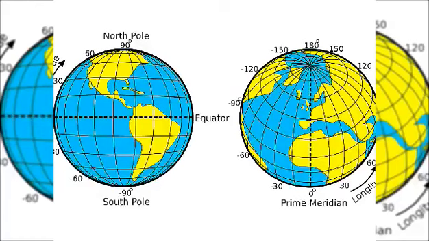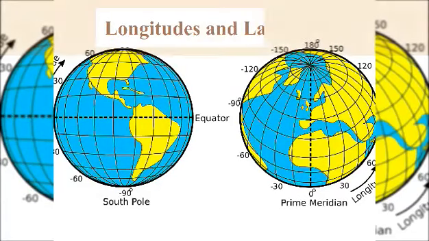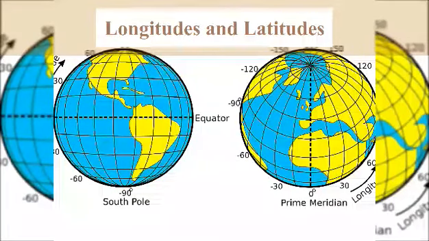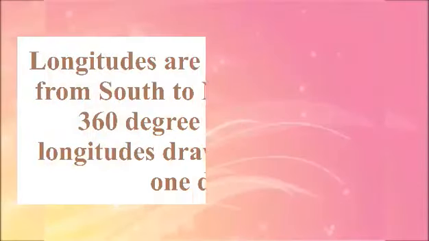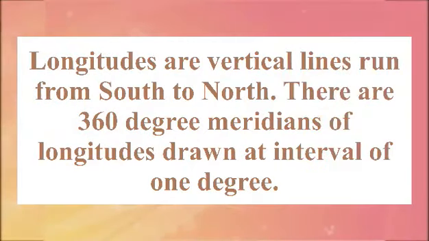Dear students, our next topics are longitudes and latitudes. Longitudes are vertical lines that run from south to north. There are 360 meridians of longitude drawn at an interval of 1 degree.